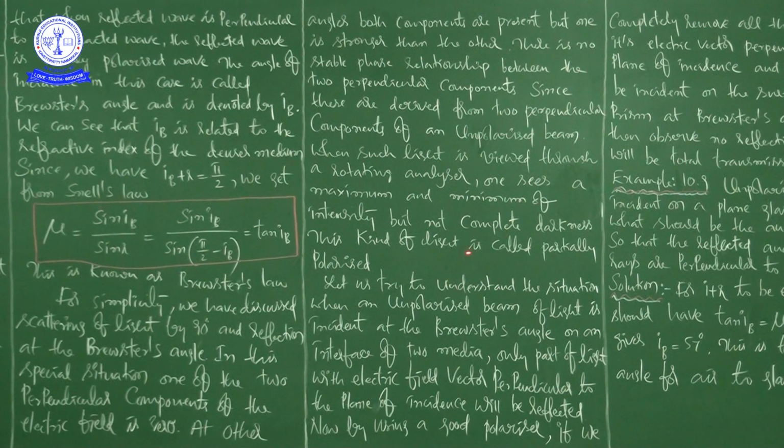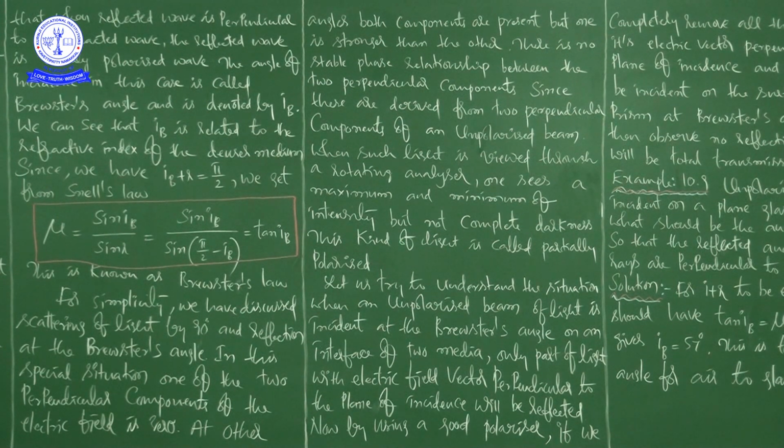At one instant, you get maximum intensity. If you continue the rotation, the intensity decreases to a minimum, not 0, and from that instant the light increases again. So you see only a maximum and minimum of intensity, but not complete darkness. This kind of light is called partially polarized.